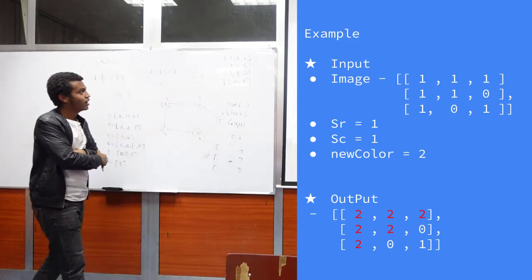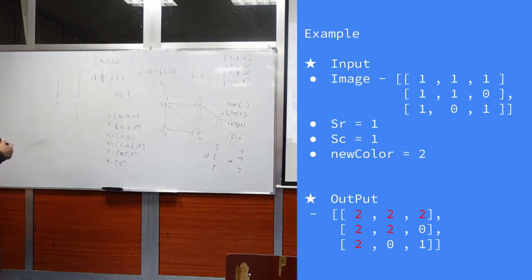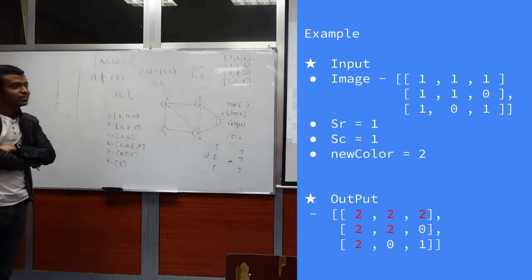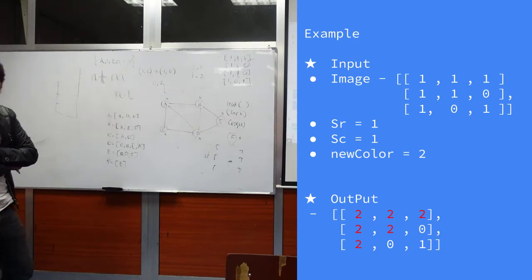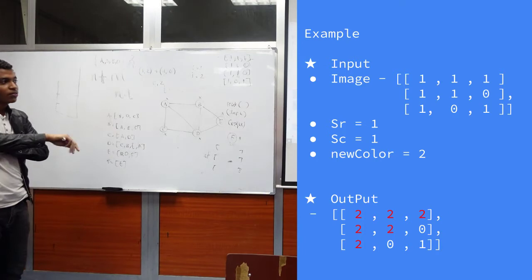So in order to see this as a graph example or DFS, we have the starting pixel as the starting point of our DFS call, and then we traverse our graph.